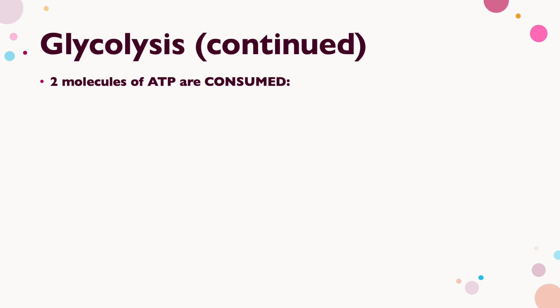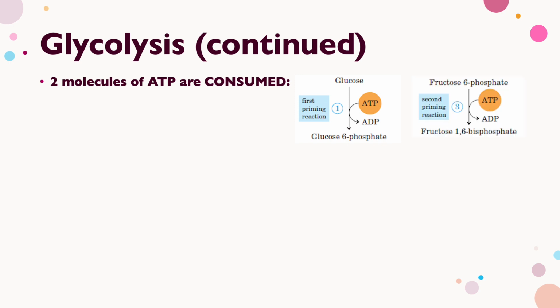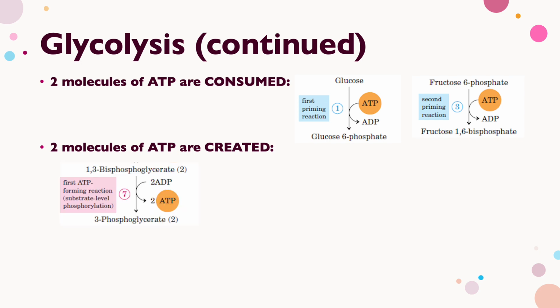So in glycolysis, 2 molecules of ATP are consumed in the first step and in the third step. You can see that ATP is being consumed and turned into ADP. 2 molecules of ATP are also created in glycolysis.